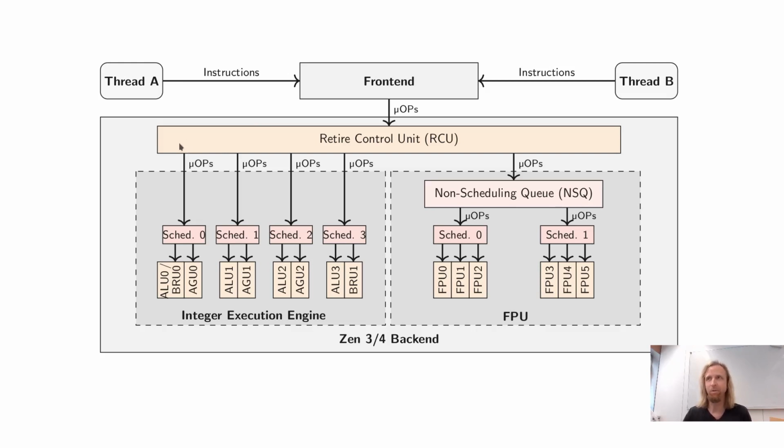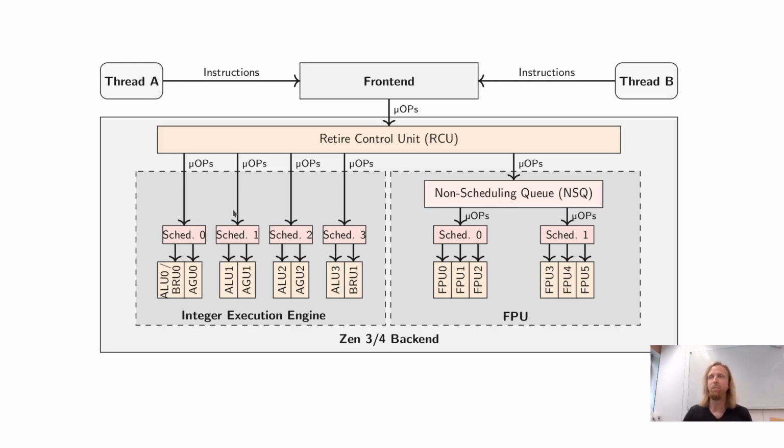The retire control unit then forwards the micro-ops into multiple schedulers, or on the FPU side, a scheduling queue, and that one again forwards micro-ops into schedulers.